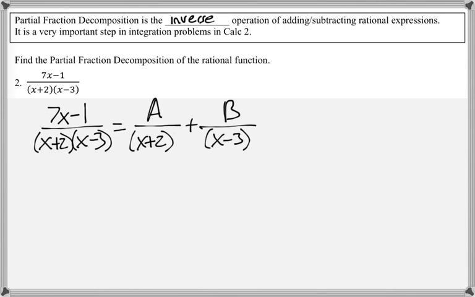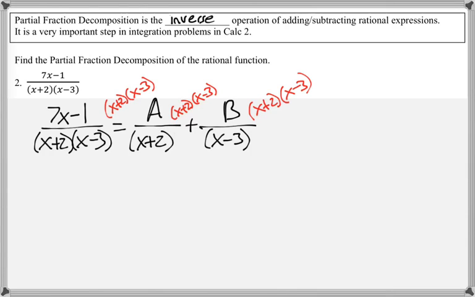My next step is I want to multiply everything by this denominator, because that's the LCD. So I want to multiply by x plus 2, x minus 3 on each term.